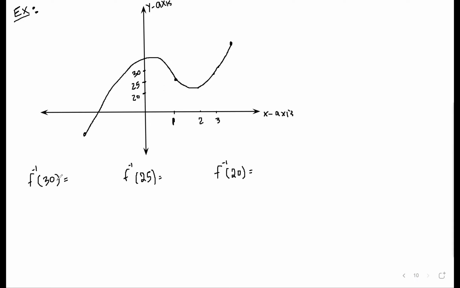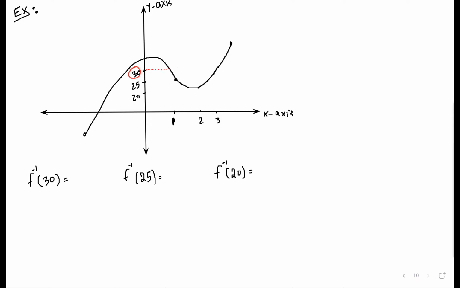So to find the f inverse of 30, you have to go to the 30 in the y-axis, this value. Then you have to draw a horizontal line. This graph is not 1 to 1.